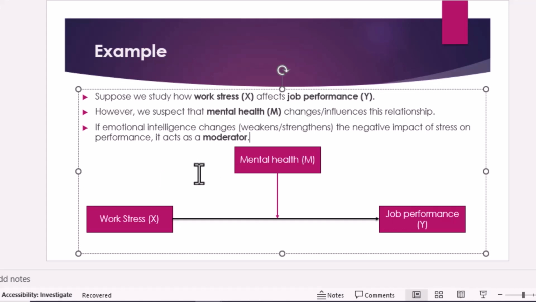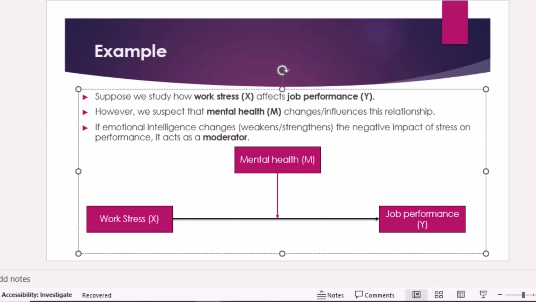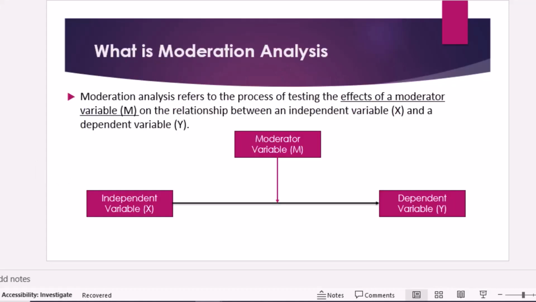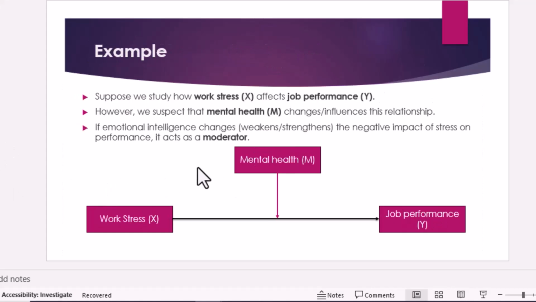If mental health actually weakens or strengthens this relationship, then we can say that the moderator is significant, or that there is some moderation effect. So that is generally what moderation analysis is. We have defined it and looked at an example where work stress is the independent variable and job performance is the dependent variable.